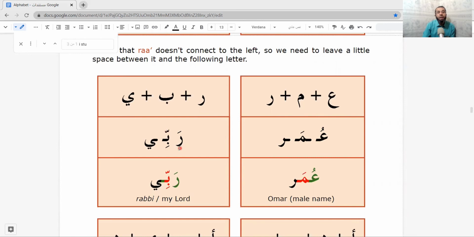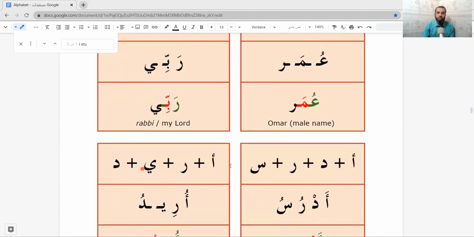So we say Rabbi, then long vowel Yi. Rabbi, my Lord. Don't say Pabbi, because as we said before, in Arabic we don't have the sound pa.